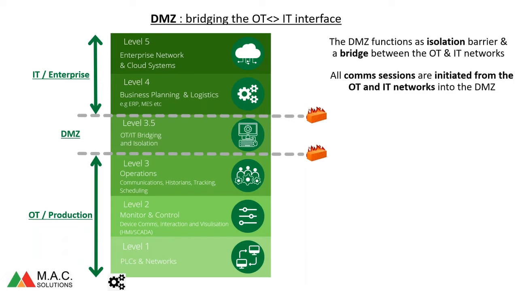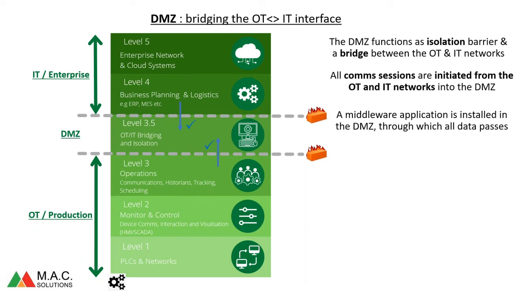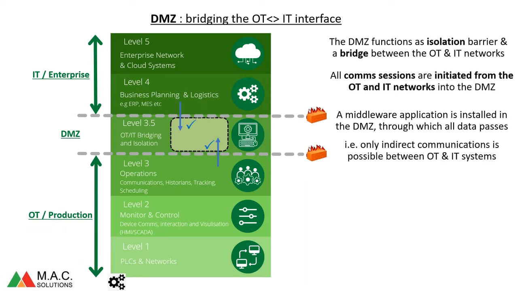All comm sessions are initiated from the OT and IT networks in, and a middleware application is installed. All the data passes through that middleware application, so only indirect communication is possible between a system on the IT side and a system on the OT side.